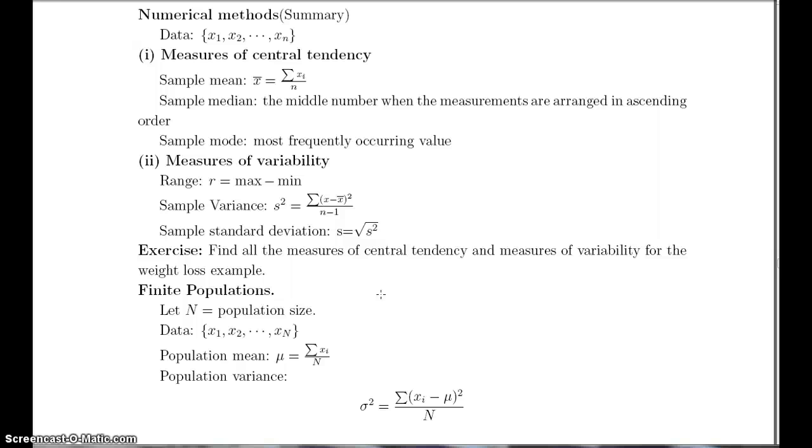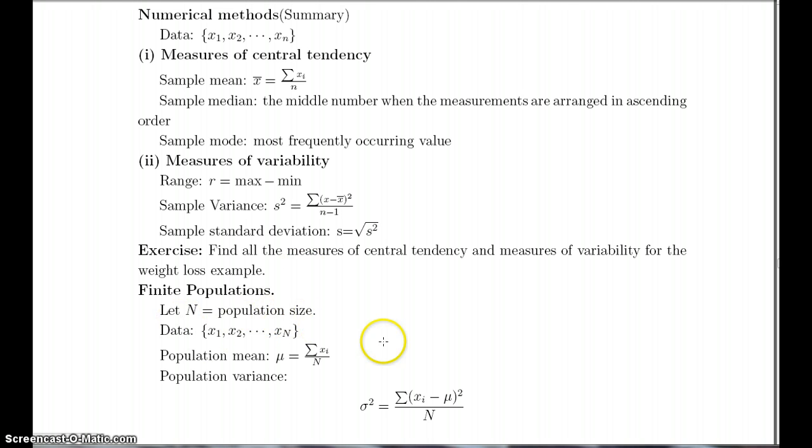In some cases, populations can also be infinite, but in some instances we have small finite populations. In this class, after I give you the first test and I calculate the mean, that would be a population average because that's my population, unless I think of you as a sample for all university students, but there's no reason to do that.